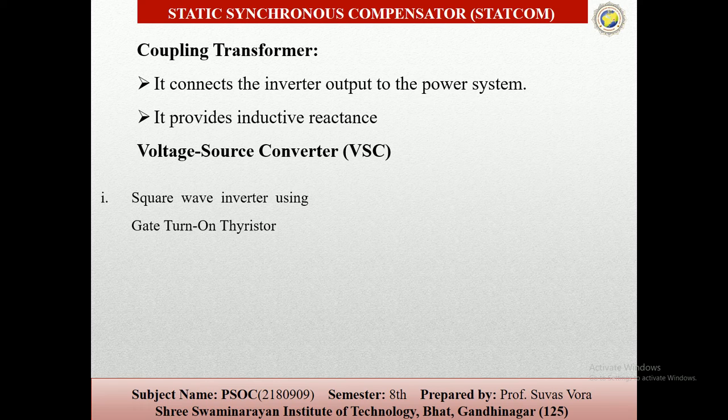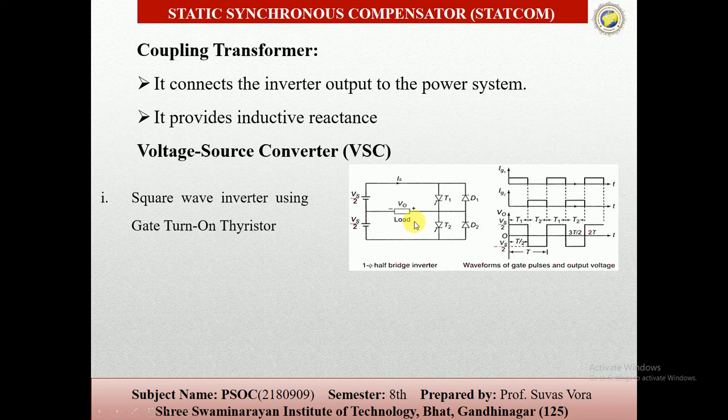It controls the power flow by using the DC capacitors, and its output voltage depends on the DC voltage. You can see the figures here. We turn on the transistors and we get the stepped waveforms.